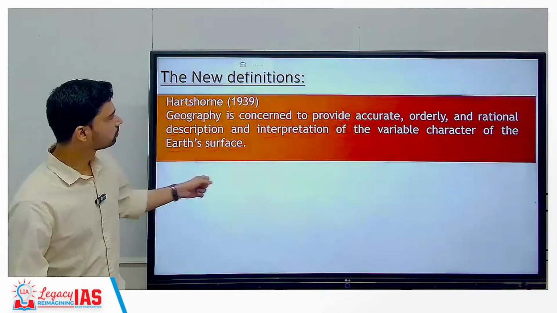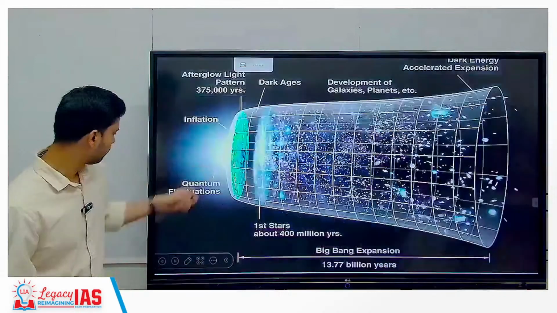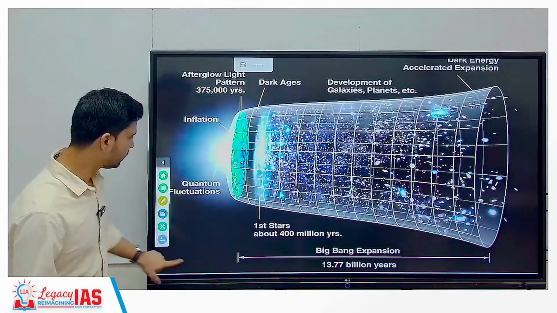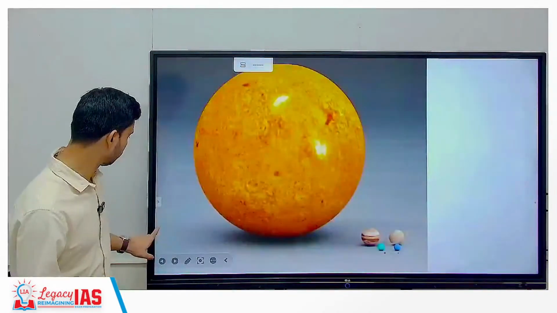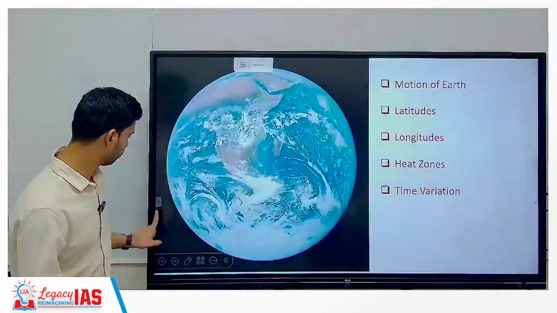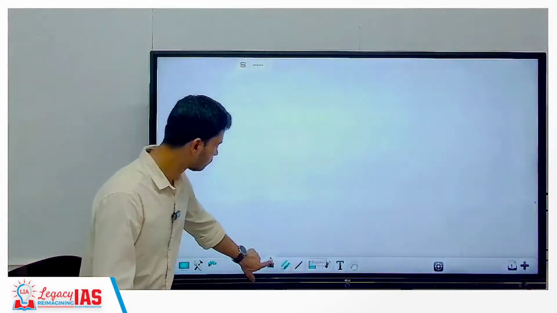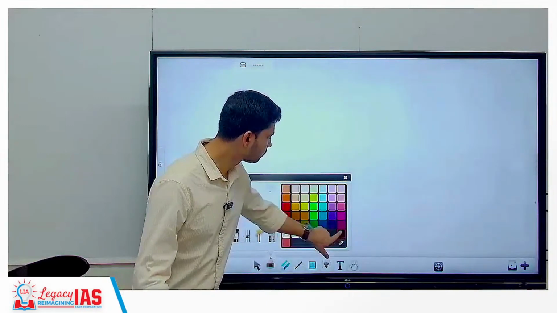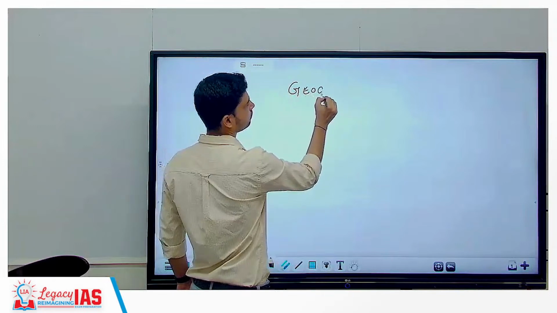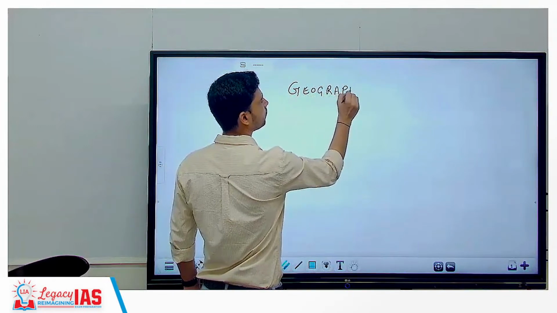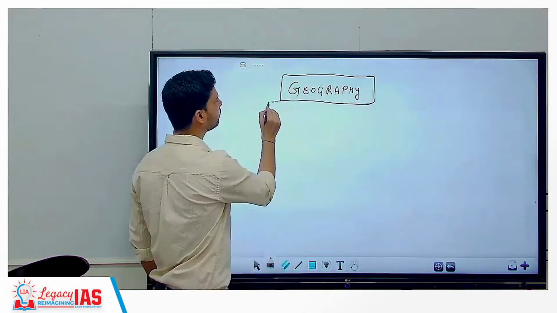Now coming to the syllabus, which is more detailed. The syllabus of UPSC we can divide into 4 different divisions.